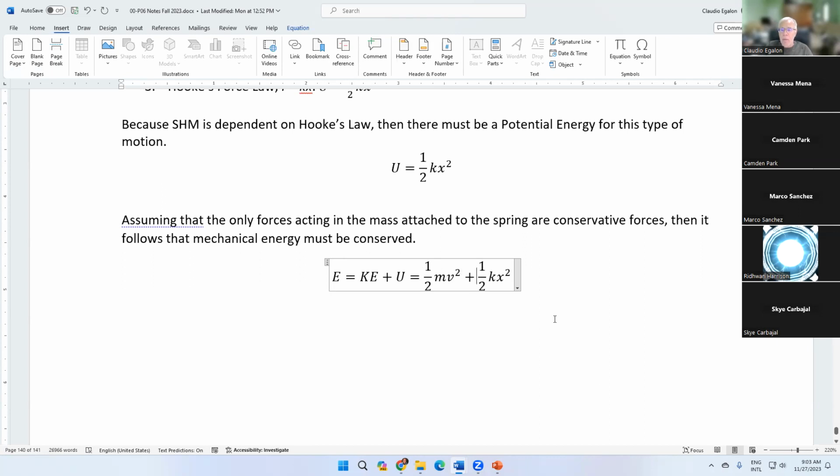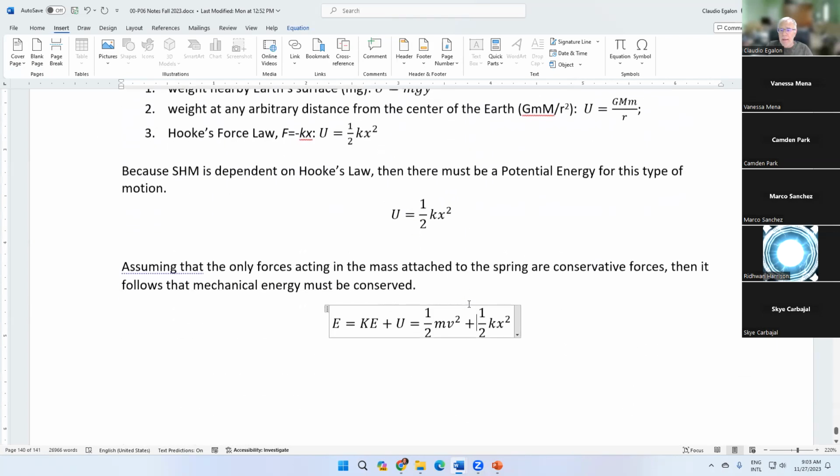And now going back to our equations for velocity and position of a mass under simple harmonic motion, you're going to see that mechanical energy is going to be conserved automatically.